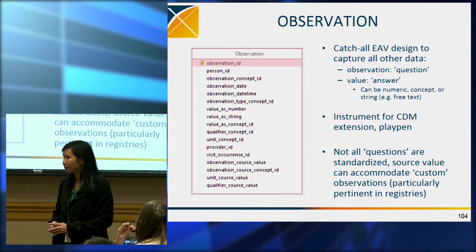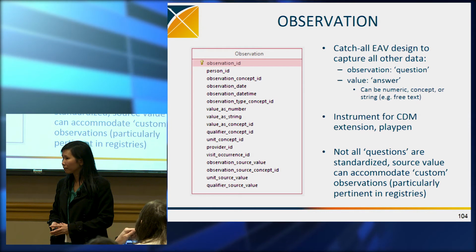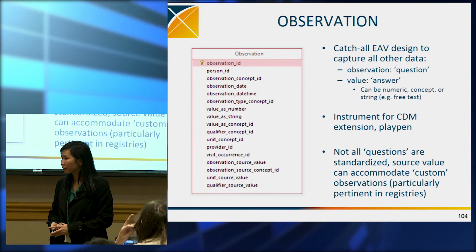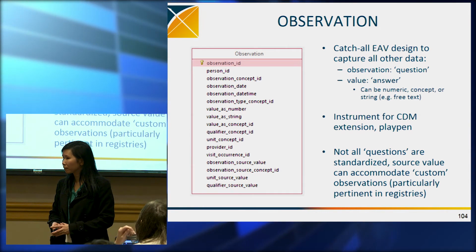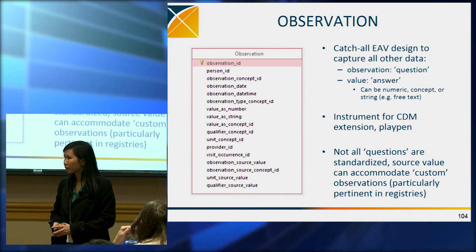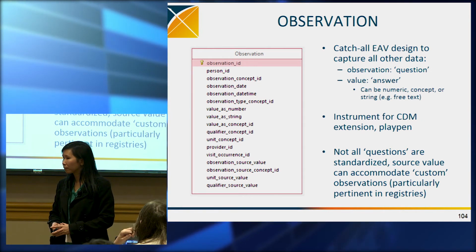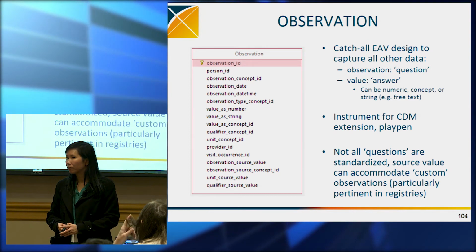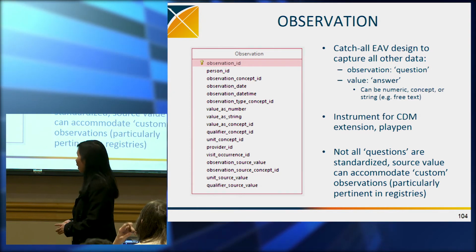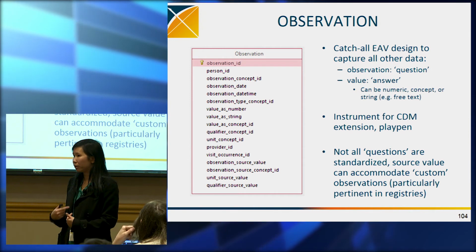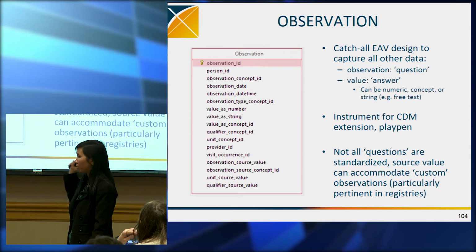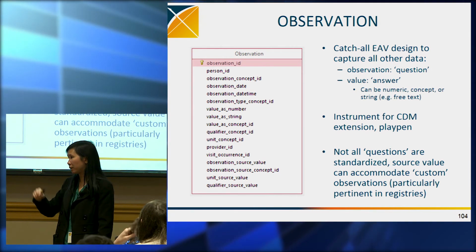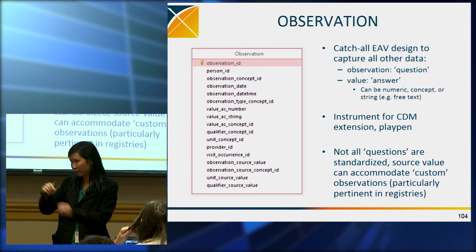Yes? For provider ID under observation or under measurement, do you use the provider ID of the lab that performs the test, or is it the hospital, the private care, or the specialty physician who orders the test? When we do the ETL, we normally use the person who did the test, because that's the person who actually physically did the test.